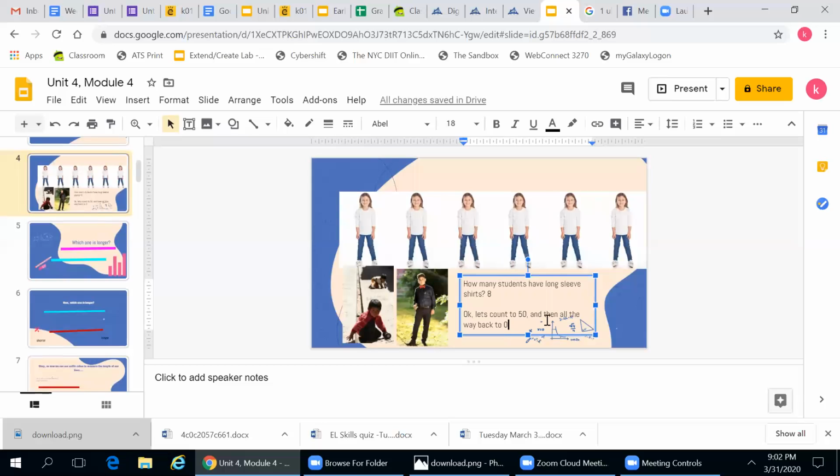Okay, now it's our turn to count all the way up from 8 to the big number 50. Are you ready? Count with me. Remember, choral counting is very important.